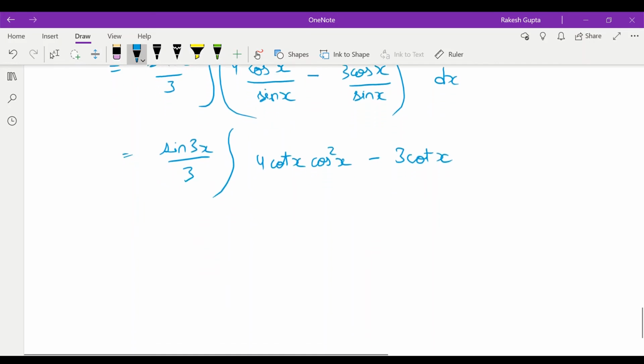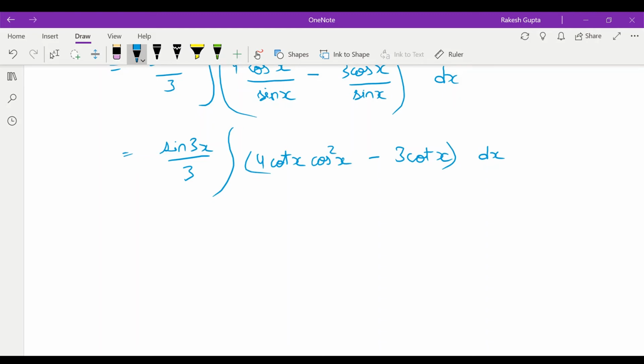Now when we solve further, what I'm going to do is add and subtract cot x from this expression.